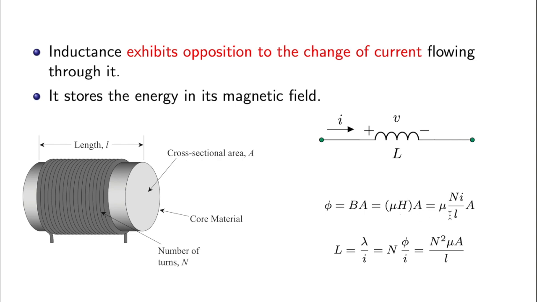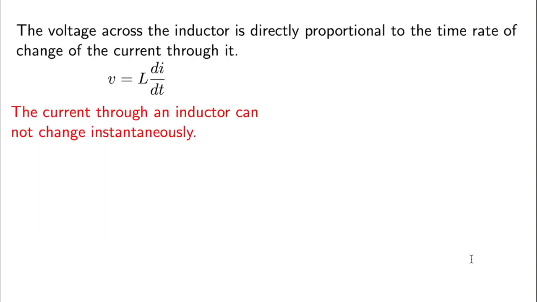Ultimately, the flux is mu N i upon L. Inductance is regarded as flux linkage upon current. This flux linkage is N phi upon I. The expression of phi is substituted from this, resulting in N square mu A upon L. We will be dealing with various aspects of core construction while discussing magnetic circuits.